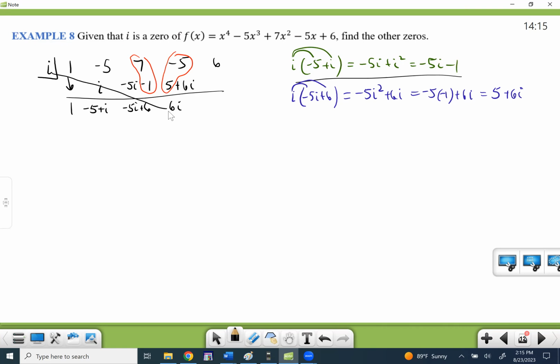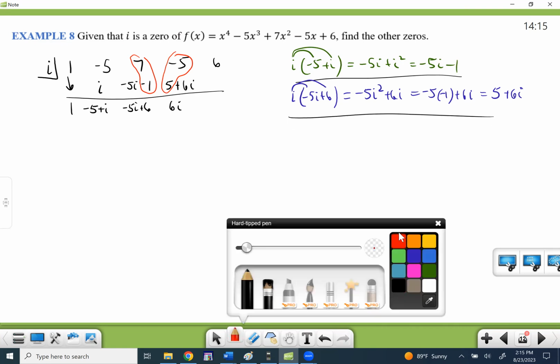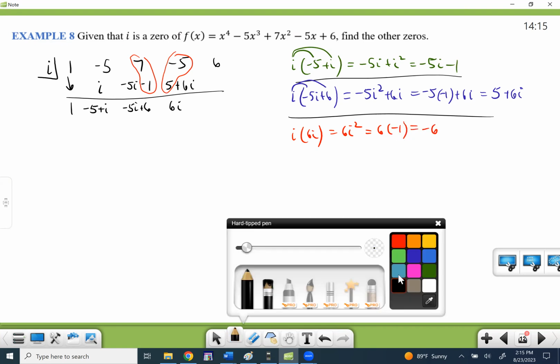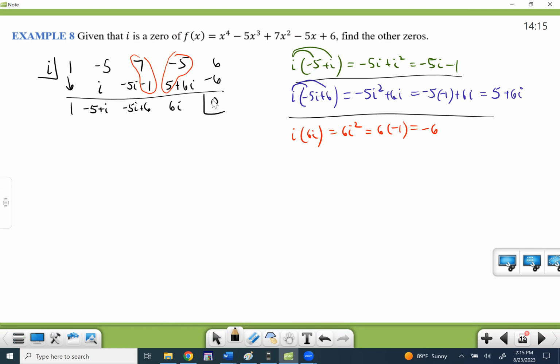So we have to multiply i times 6i. Well, that's just 6i squared, or 6 times negative 1. So it's going to be negative 6. Whew. We got remainder 0. That's your built-in check. If you don't get remainder 0, then you know that you did something wrong.